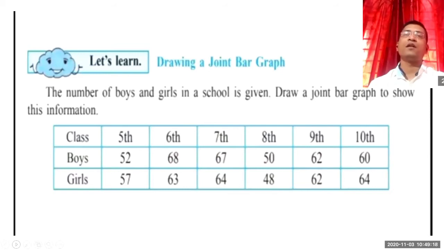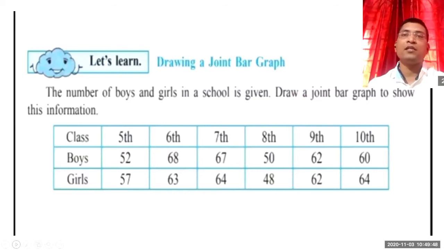Boys and girls: 5th standard 52, 57; 6th standard 68, 63; 7th 67, 64; 8th 50, 48; 9th 62, 62, the same, so equal bars should be drawn on 9th standard; 10th standard 60 and 64.